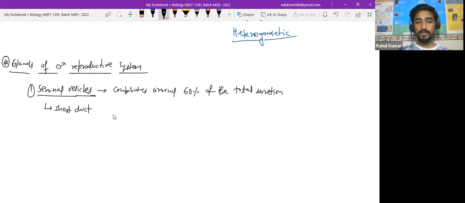So this was a question in NEET once, that which gland is associated with forming of ejaculatory duct. Which will be the gland? Seminal vesicle. Is it clear? There will be all the options: testis, seminal vesicles, bulbourethral, prostate. So it's seminal vesicles. So short duct plus vas deferens makes ejaculatory duct. I will tell you about ducts also in detail. I think this way it becomes easier to remember.